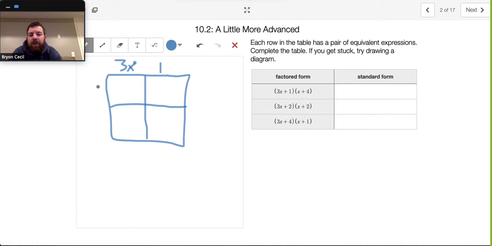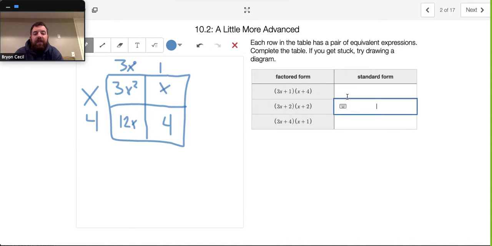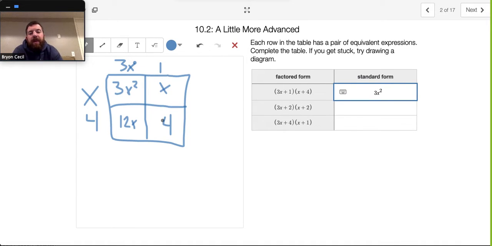So quickly, 3x times x gives me 3x squared. 1 times x is x. 3x times 4 is 12x. And 1 times 4 is 4. So when I add all these together, I'm going to get a 3x squared. I'm going to have my like terms here, so I'm going to get a nice 13x, and then I'm going to have a 4 on the end.